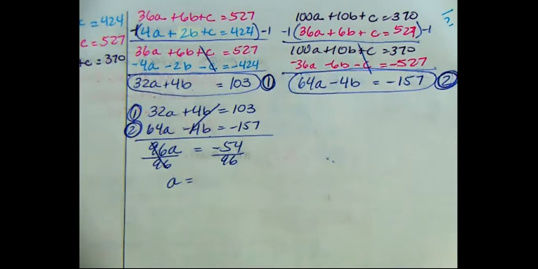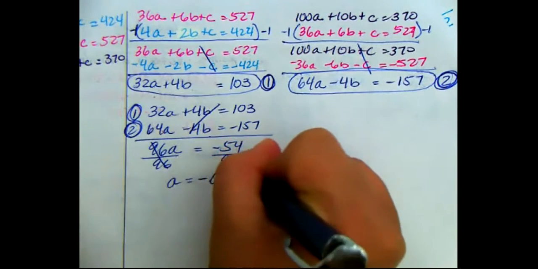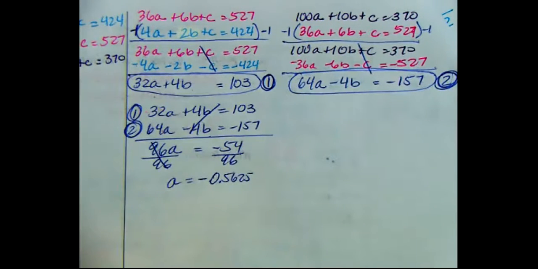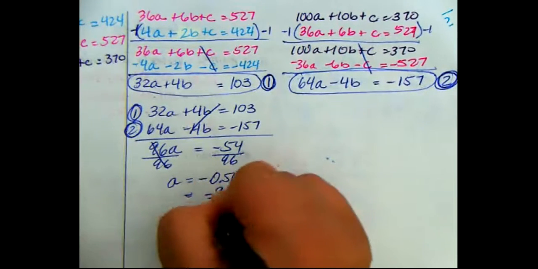No, it is not. It is negative 0.5625, or you can simplify that so that it's giving you a nice fraction instead of a decimal. Okay, so that does simplify to a nice negative 9 over 16.